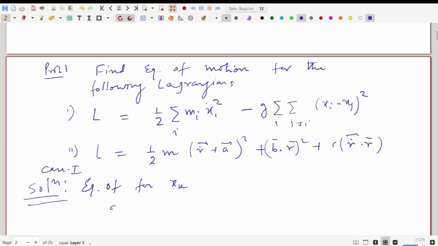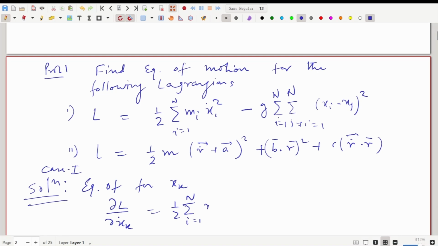So, we will consider the equation for x_k. Let us differentiate del L del x_k dot. Why I am choosing x_k, a different variable from those appearing in the Lagrangian, will be clear. So, first term will be half, then sum over i equal to 1 to n, because depending on the number of particles, all the summation is from 1 to n, n number of particles. Okay.